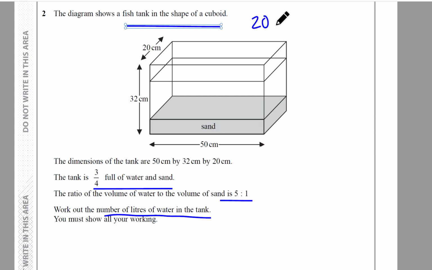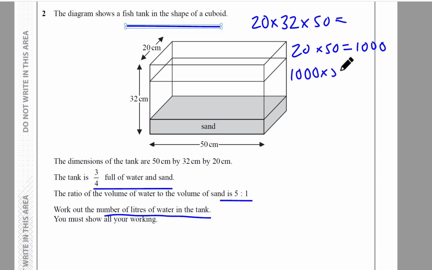So we would need to do 20 times 32 times 50. I'll do 20 times 50 first, which we will know equals 1,000. Now let's do 1,000 times 32 equals 32,000 centimeters cubed.